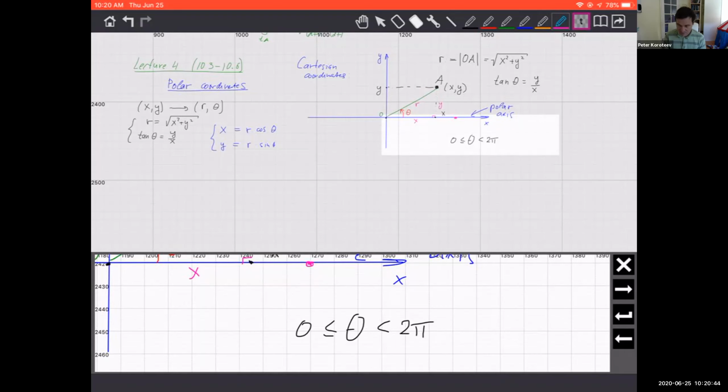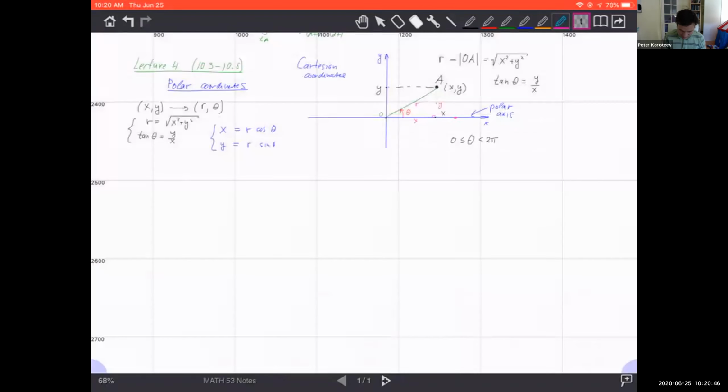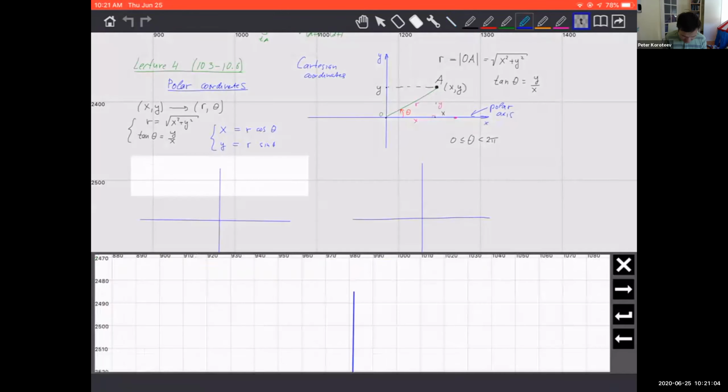But okay, maybe the question is not very clear, so let's do the following exercise. Let's look at Cartesian planes. I'm going to make two parallel pictures here, the Cartesian and polar plane, and then let's talk about lines of constant.